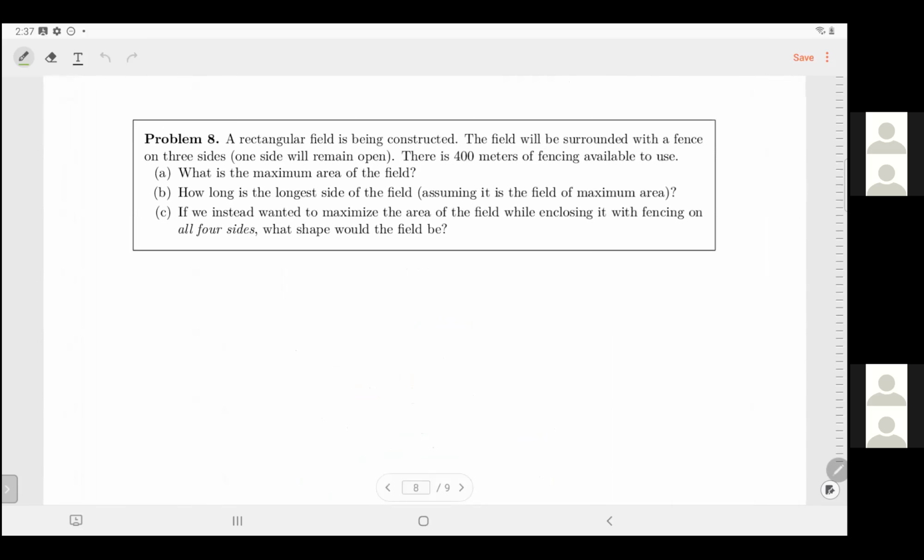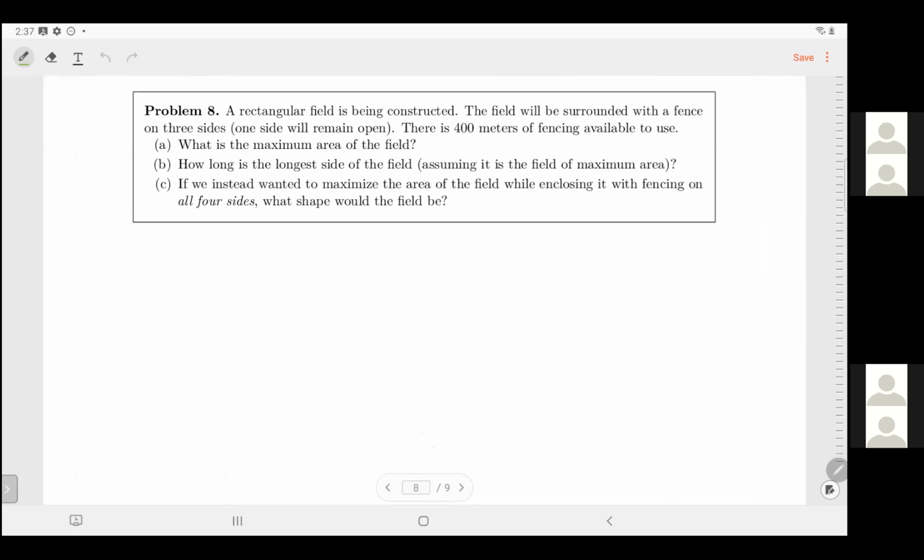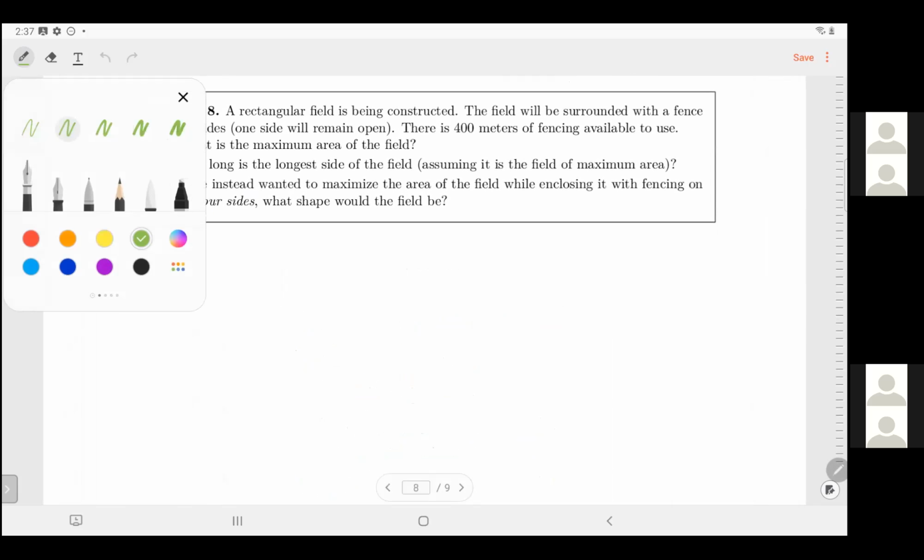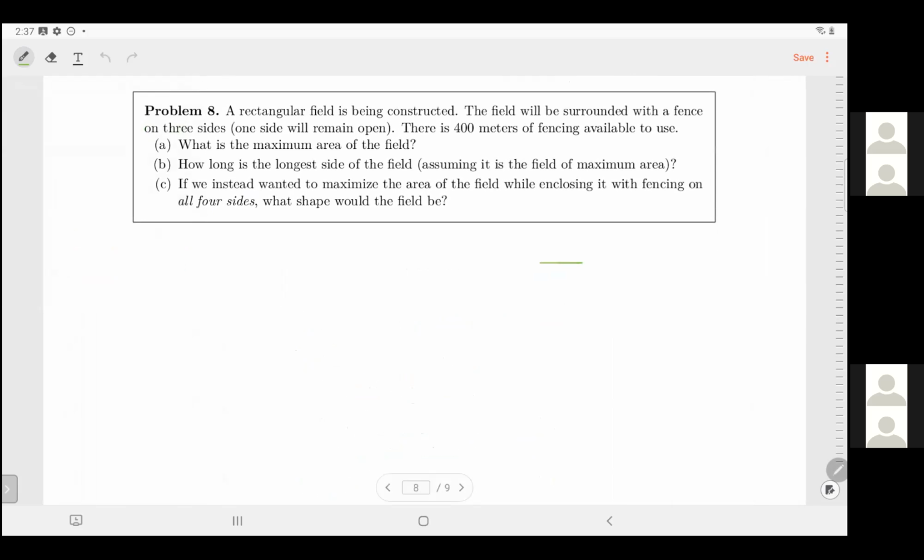Okay, so this is kind of a classic optimization problem. So we'll take a minute to read it over and draw a picture. I'll keep with green. A rectangular field is being constructed. Okay, so we have some rectangle. The field is to be surrounded by a fence. Maybe I'll draw that in black.